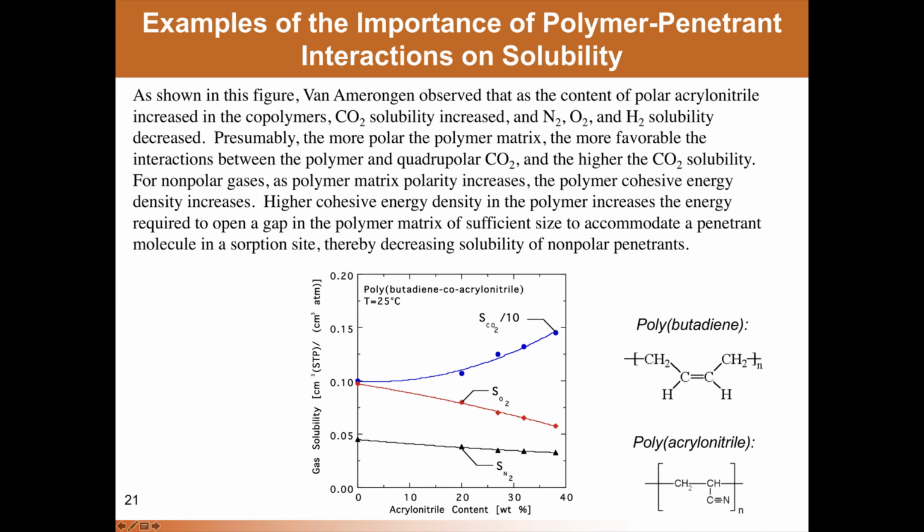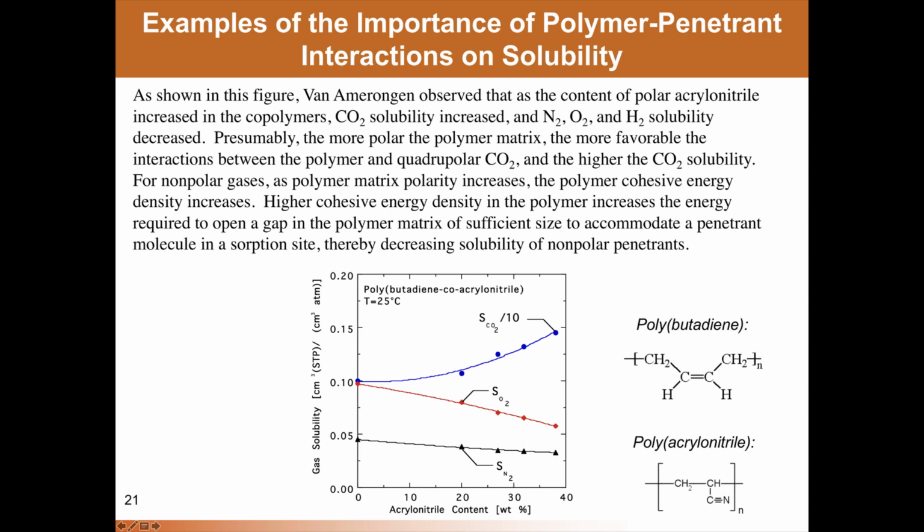And as those intermolecular interactions between the polymer chains get higher and higher, as you increase the polar content of the material, it becomes energetically more difficult to introduce penetrant molecules into the polymer. And so you see the solubility of oxygen slides down, solubility of nitrogen slides down as the matrix gets more and more polar.